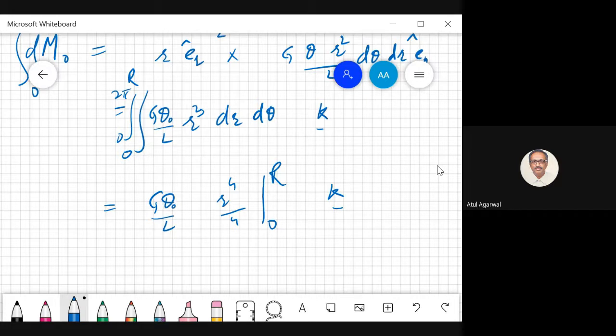I took the rotation of the far end, so this rotation is not the rotation of this angle. This theta is the space coordinate, not that rotation, theta naught. So there is nothing that depends on the rotation, and you get the 2 pi factor. So you get G theta naught by L, pi R4 by 2. This you will know is Ip, the polar moment of area.